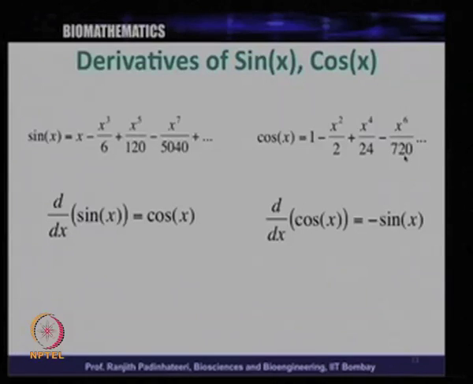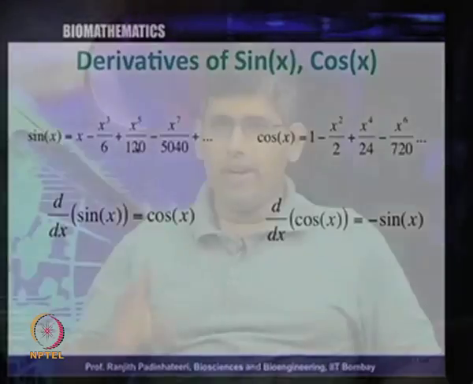And it turns out that the derivative of sin x is nothing but cos x, and derivative of cos x is minus sin x. So the derivative of this function is this function, and the derivative of this function is negative of this function. You can convince yourself. You can just take this series, just like what we did now, and find the derivative of each term using the two rules we learned.